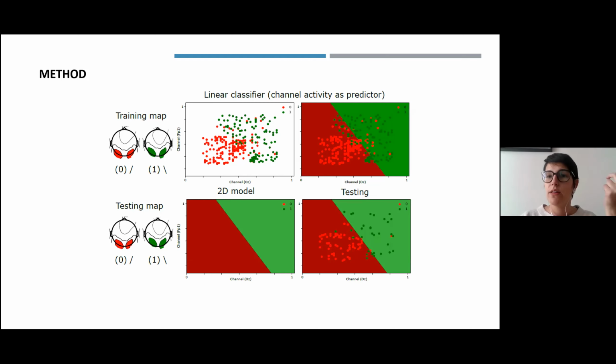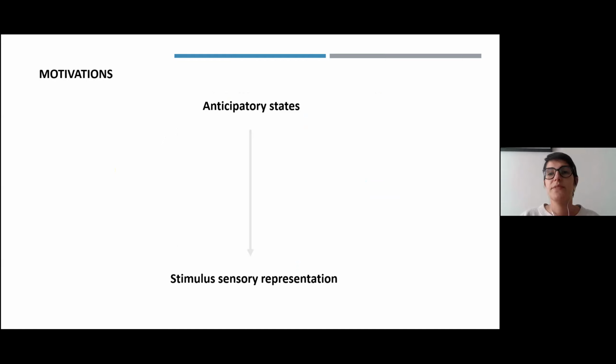And how well you can separate them will be the proxy of how well this information is coded in the signal, and how good the processing of that representation is, of this feature basically.